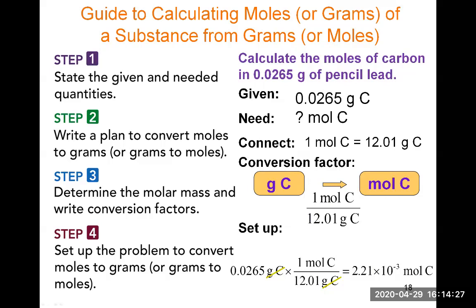So you want to keep 3 sig figs, and so you keep the 2.2, and what comes after is a 0. And you keep that number, but what comes after the 0 is a 6, which means you will need to round up. So your 0 becomes a 1 times 10 to the negative 3 moles of carbon. It would be fine here to give the answer in floating point, and it would be 0.00221 moles of carbon.